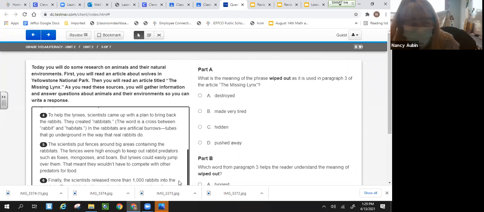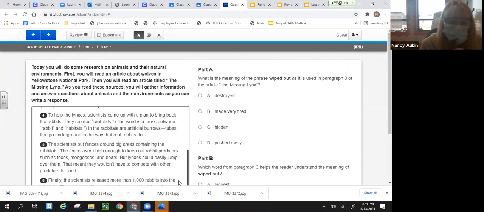They created rabbitats. The word is a cross between rabbit and habitats. In the rabbitats are artificial burrows, meaning not real, tubes that go underground in the way that real rabbits do. The scientists put fences around big areas containing the rabbitats. The fences were high enough to keep out rabbit predators, such as foxes, mongooses, and boars.